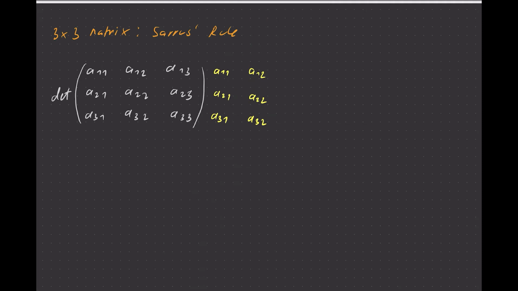More precisely, what we do is we again take the diagonal, this one here, and then also the two diagonals above that. And that's where we need those copied columns. This and this. And again, we count these as positive. So we multiply the numbers along each of those diagonals and sum up all the results with a positive sign.